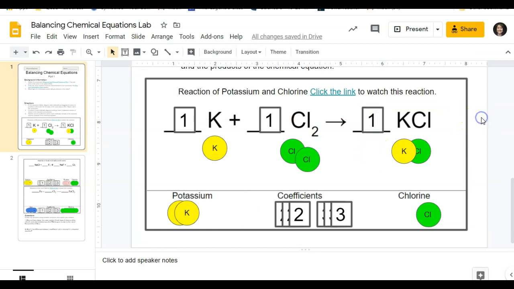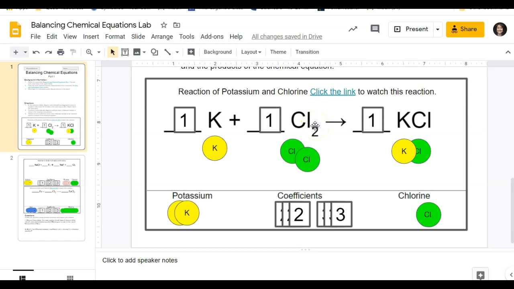Now don't get confused. You might think, why did I put a 1 here when there are 2 chlorines? Well, there are 2 chlorine atoms, but 1 chlorine molecule. The coefficient tells us how many molecules.